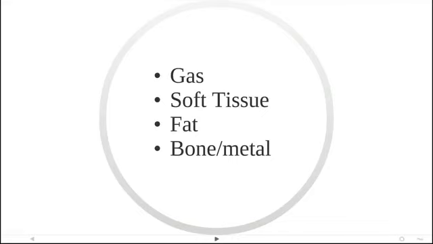Soft tissue shows up as light grey, fat as a darker grey, and bone or metal shows up as bright white. It can be particularly useful when assessing the lower thoracic and lumbar vertebrae and the sacrum, as well as looking for calcification within the abdomen, such as gallstones, renal stones, or calcification of the aorta.